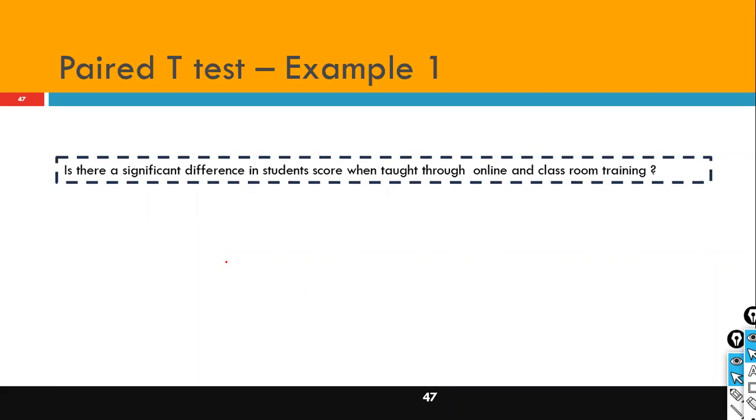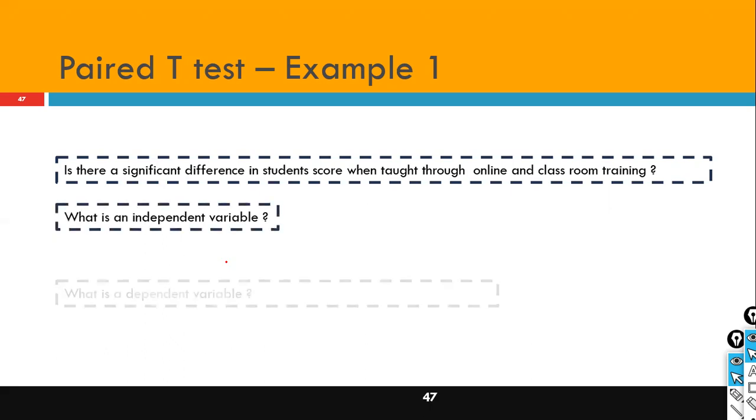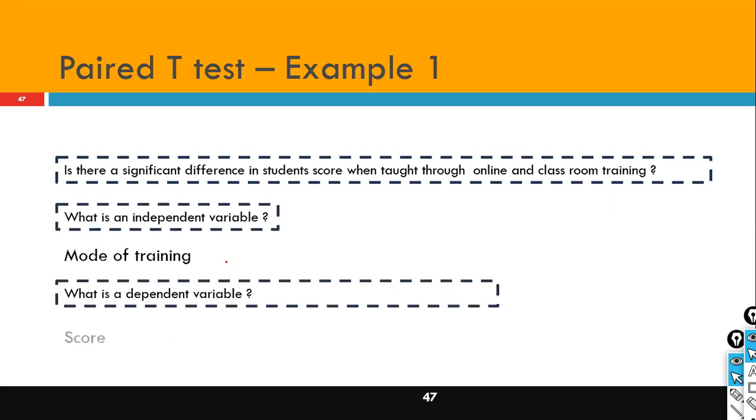Does the student score depend on the mode of training? The score is the dependent variable, because it depends on the type of mode. So what is the independent variable? Mode of training. Remember this. Now you understood the difference between dependent variable and independent variable.